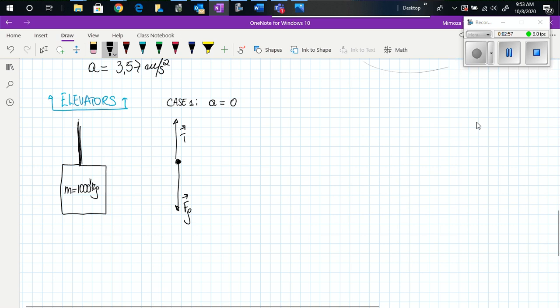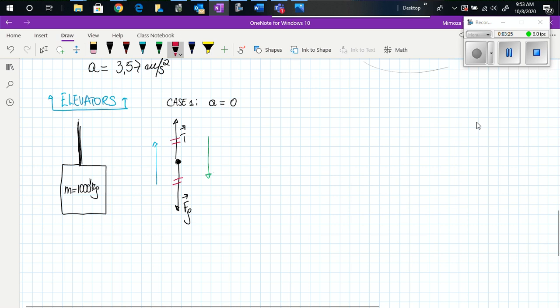It doesn't really matter if the elevator is going up or going down. As long as the acceleration is equal to 0, those two forces are equal in magnitude and opposite in direction, because the net force is equal to 0.